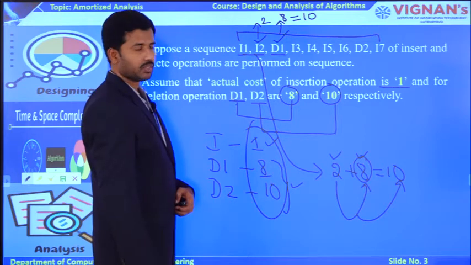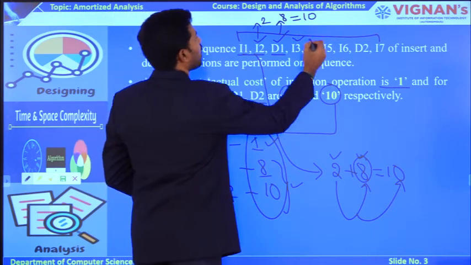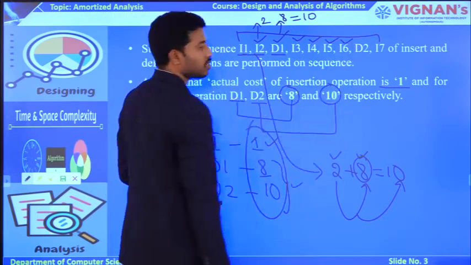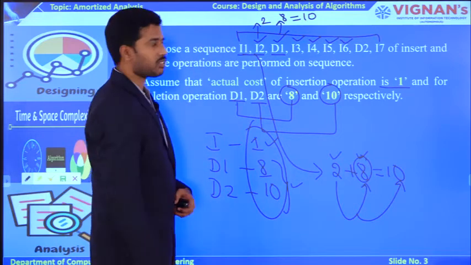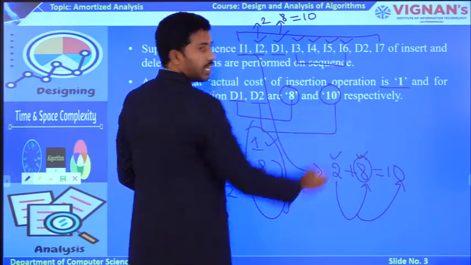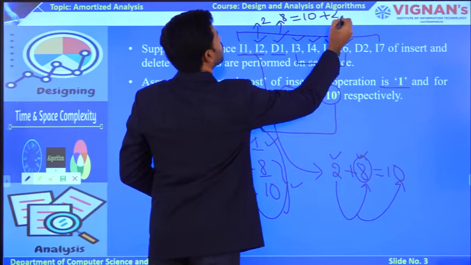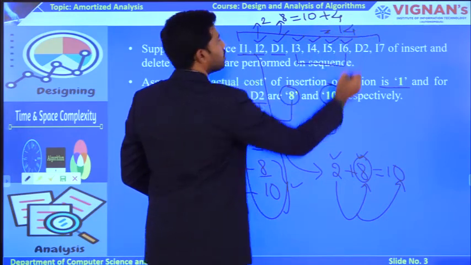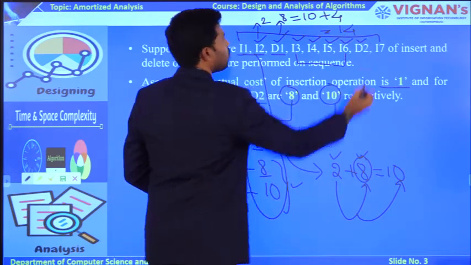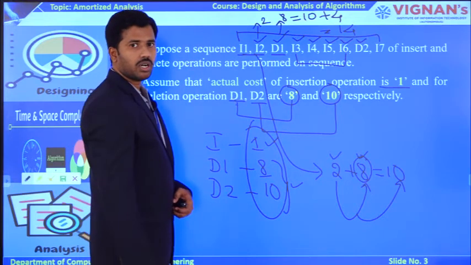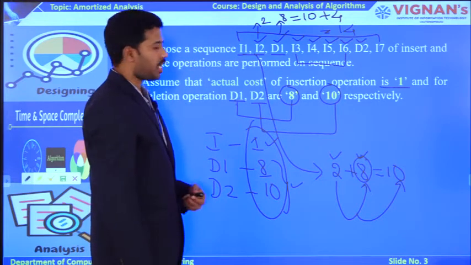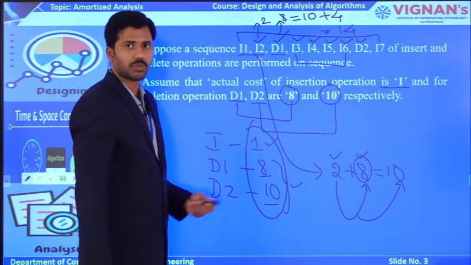Okay. So after executing I3, I4, I5 and I6, how many insertion operations are there? Total 4, which is 10 plus 4, nothing but 14. But what about D2? The cost to perform the D2 operation is going to be 10. This is my assumption only.